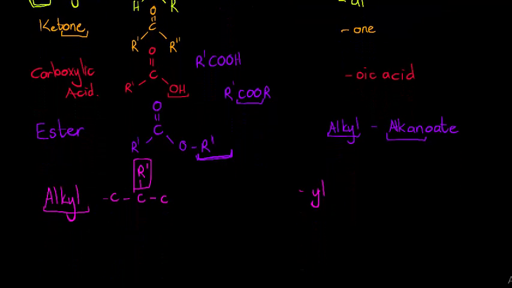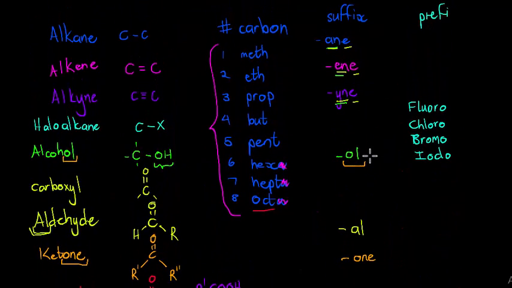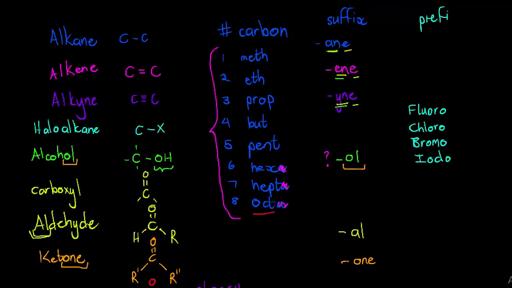Now, in order to write down, let's say, an alcohol, the ol, I need to indicate in front of it which carbon the hydroxyl group is on in the chain. Now I need to number that carbon chain. But what if this hydroxyl group is not on one of the ends?